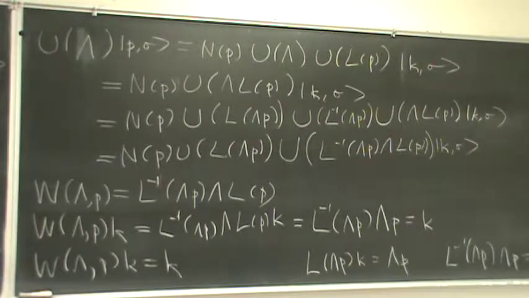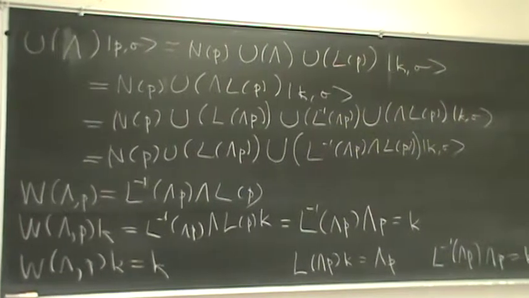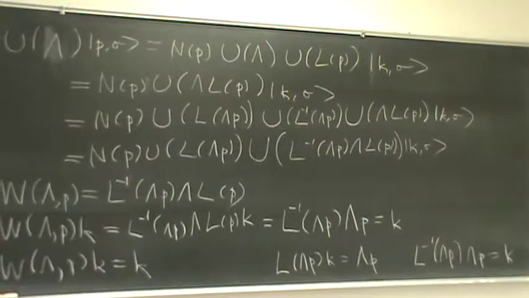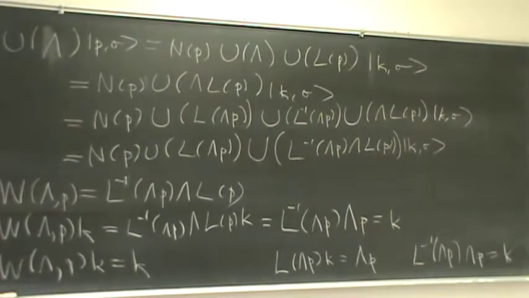So for any p, L of p is, I'll say what it is later, but at the moment it's simply a chosen Lorentz transformation that takes us from the standard 4-vector to the 4-vector p. Now there's more than one way of doing that. We'll pick a standard way in a little while.